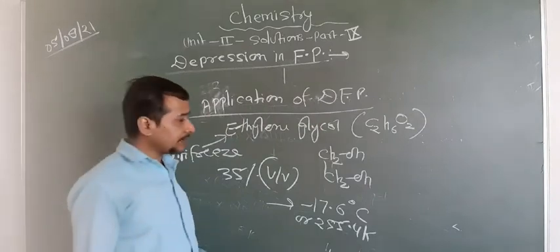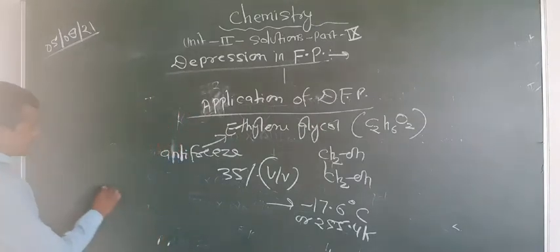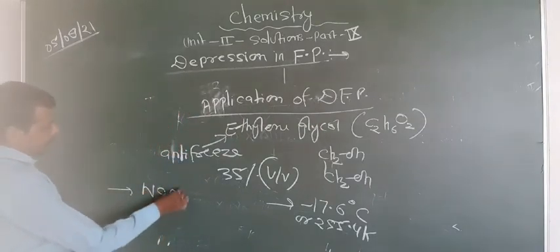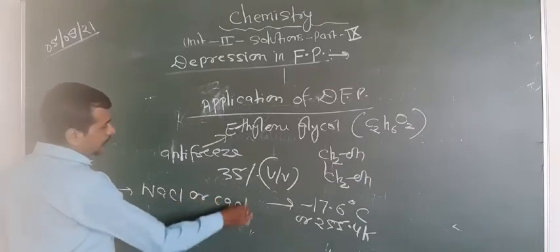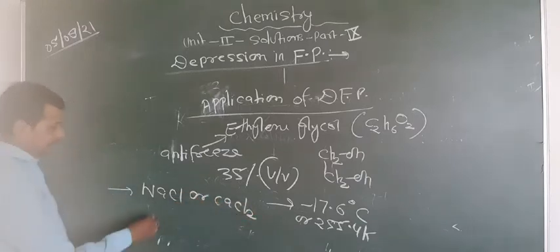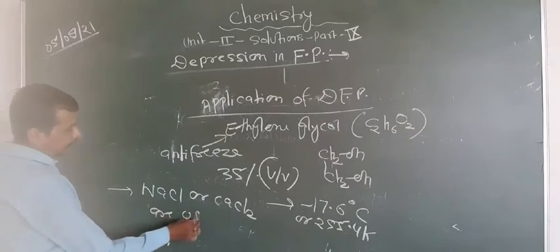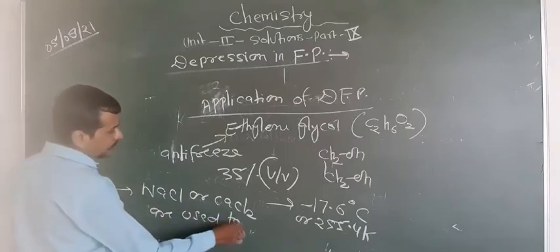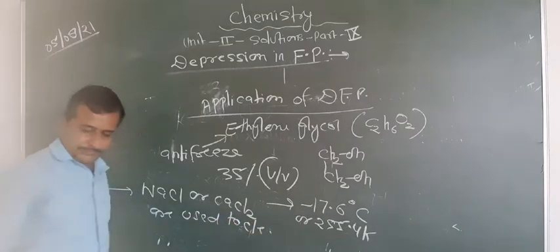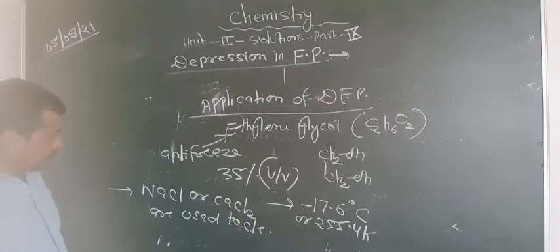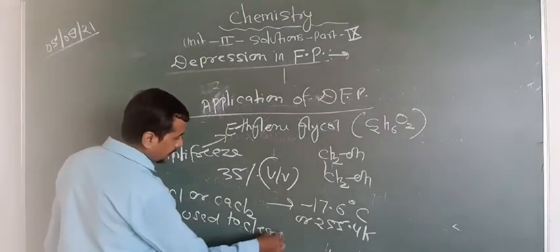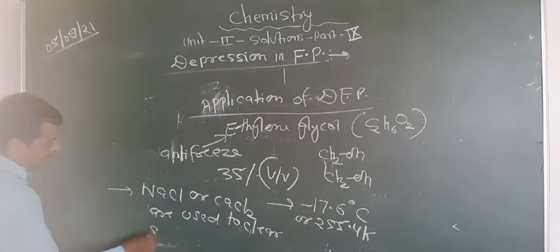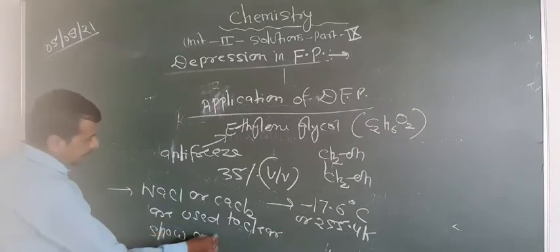One more question may be raised. NaCl or calcium chloride are used to clear snow on the road.